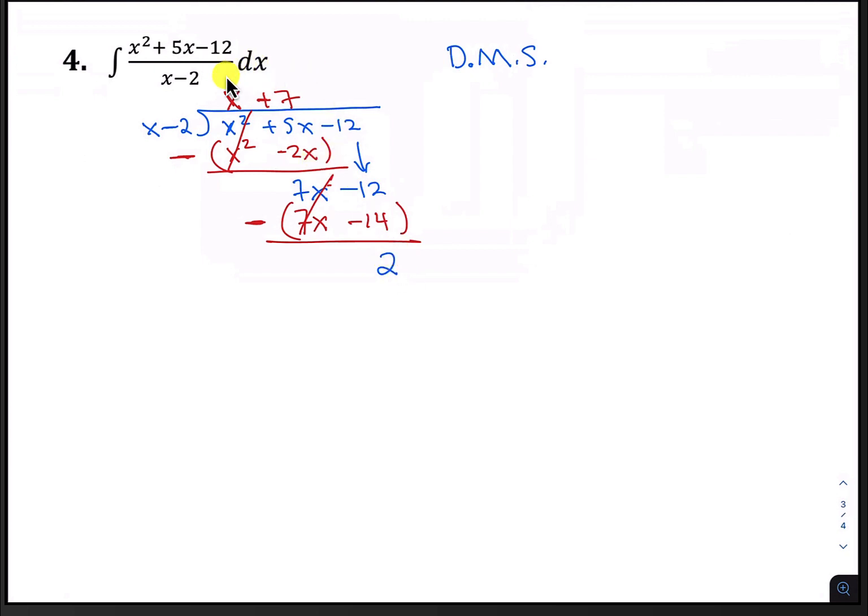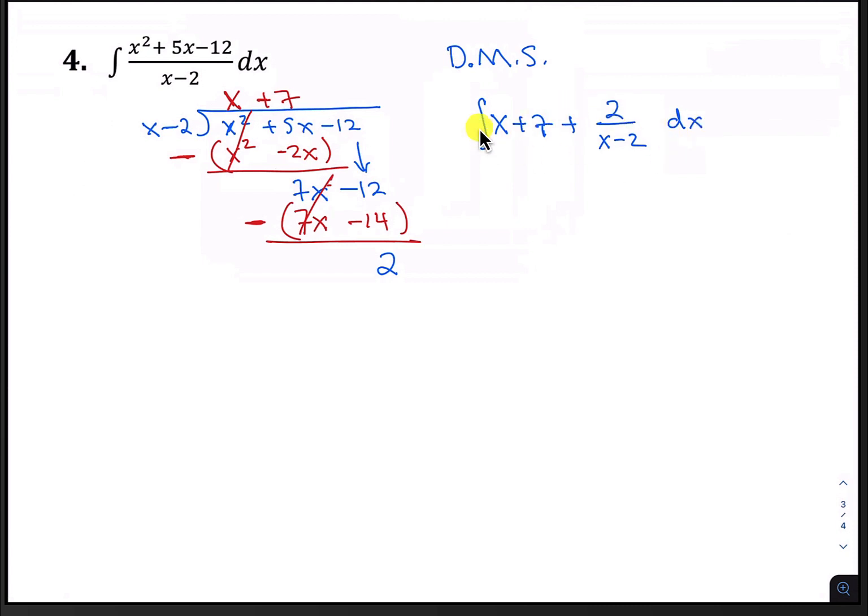So what do we have? We have x plus 7, which is our quotient. So we have x plus 7, and we're going to integrate that, x plus 7 plus the remainder of 2 divided by your divisor, x minus 2. And of course add the dx on the end.